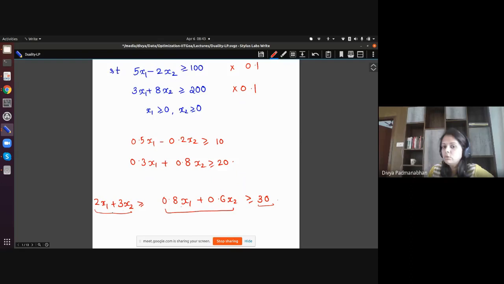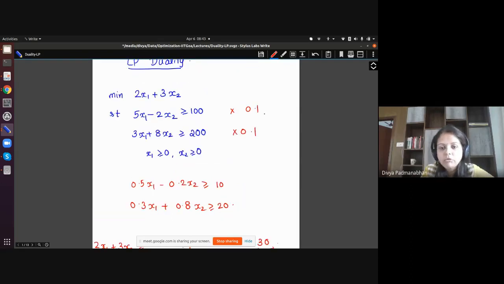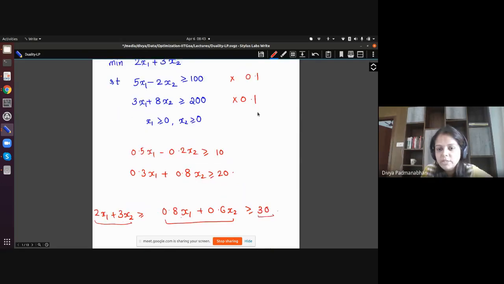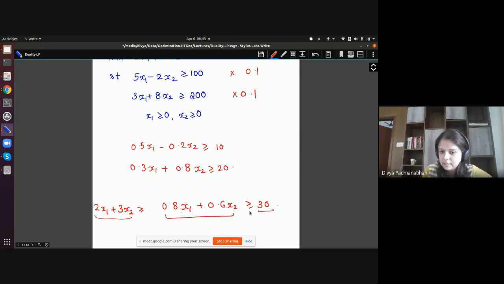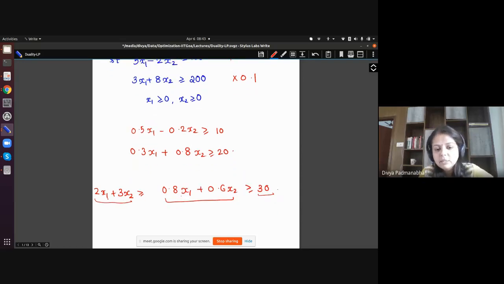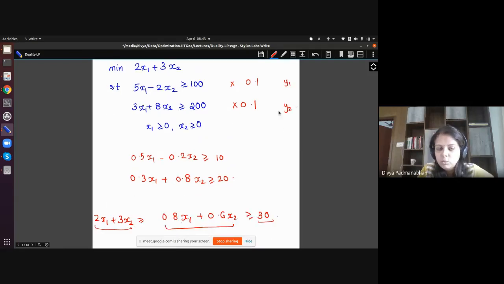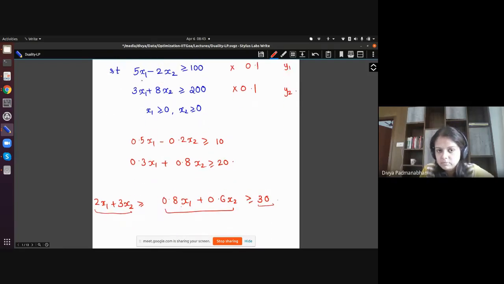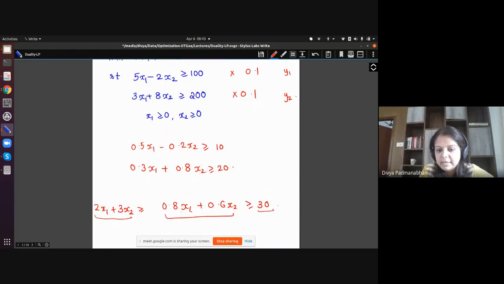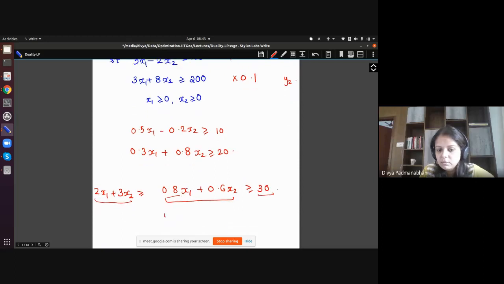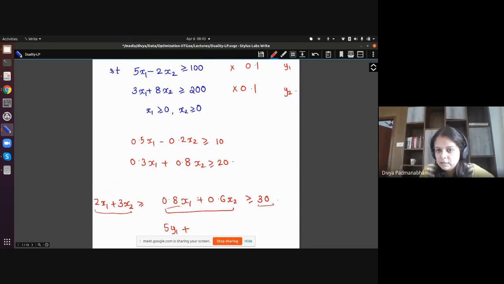Okay, so now what is the best you can do? How far can you go? Now we multiply with 0.1 and that's what we got as the right hand side. So the idea is, if you multiply with some number y1 and some y2 here, exactly how you got this 0.8 was 5y1 plus 3y2.